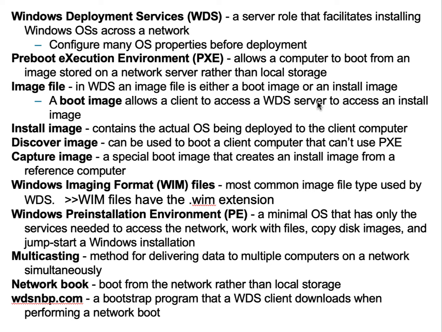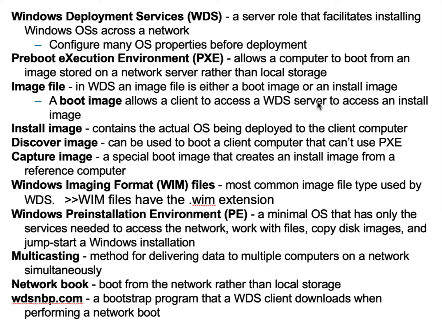Windows PE also has a command line interface that can be used for troubleshooting startup problems or recovering from a damaged operating system installation. When you boot Windows Server 2016 or Windows 10 into recovery mode, you're booting it into Windows PE. Windows PE is used in boot image for remote installation with WDS.